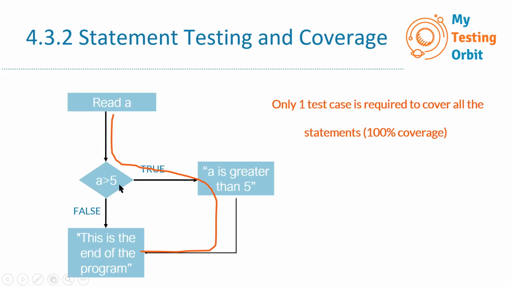So this is known as either a condition or a decision. In statement testing, we were covering all the executable statements for true conditions, but in decision testing, we are covering all the decision outcomes, regardless of whether it's true or false, which means that we will be testing both true and false outcomes.